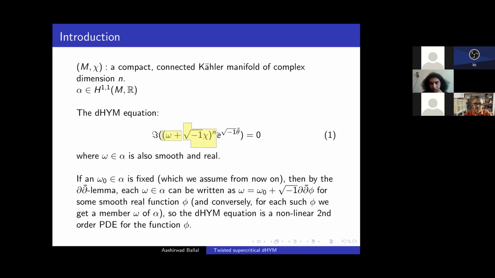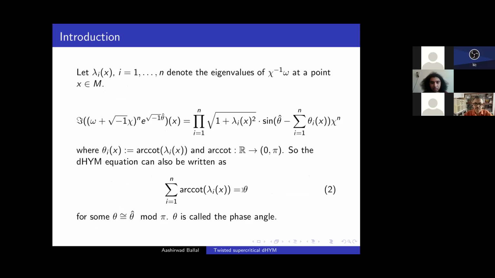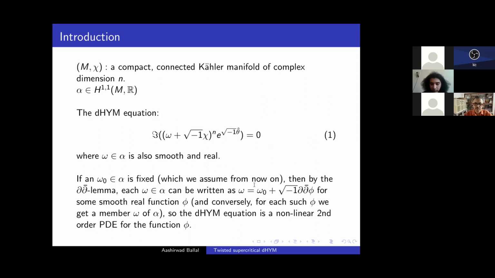Now, if we fix an omega naught in alpha, then by the del bar lemma, as Professor Ved was explaining, we can write any omega in the class alpha as omega naught plus i del del bar of phi for a smooth real function phi. So this equation is actually a nonlinear second order PDE for phi.